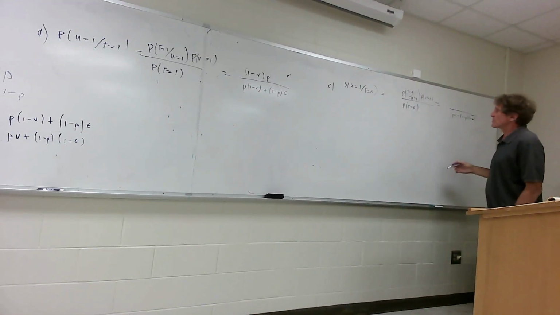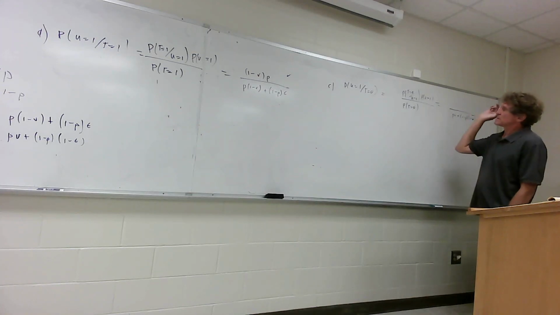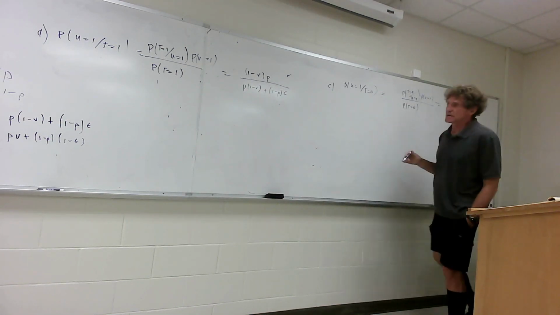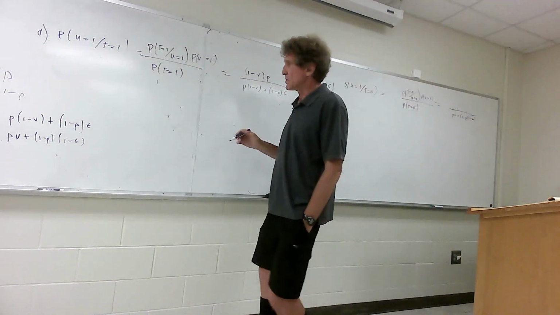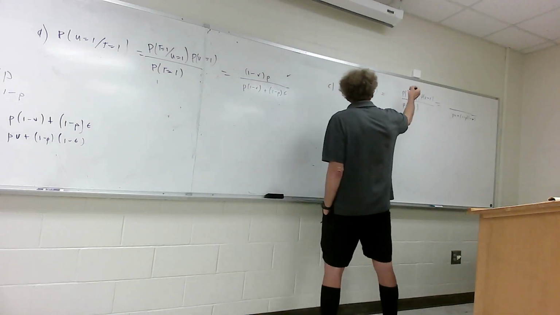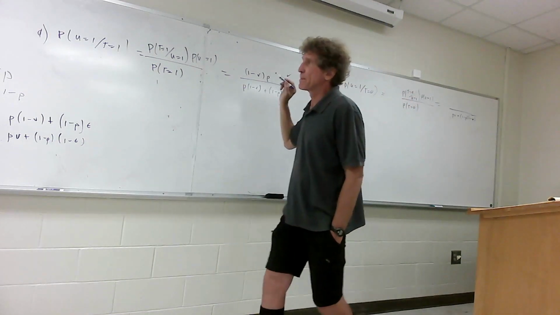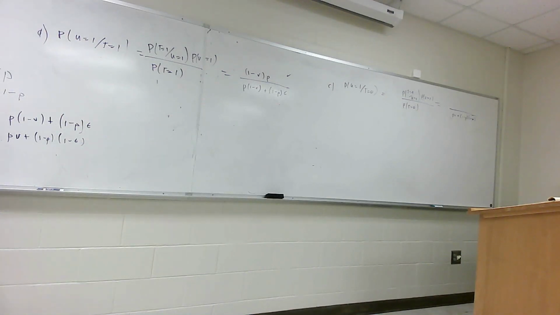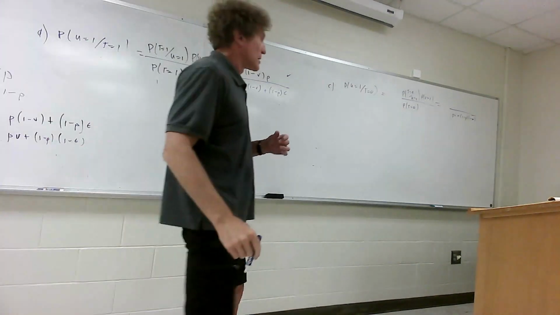All right, on top, what is the probability t equals 0? Did I put that down there? I don't think I did. The probability t equals 0 given u equals 1. Just do v. That would just be v, correct?